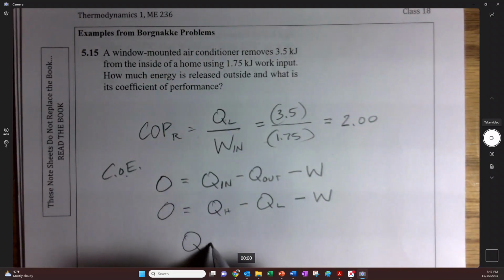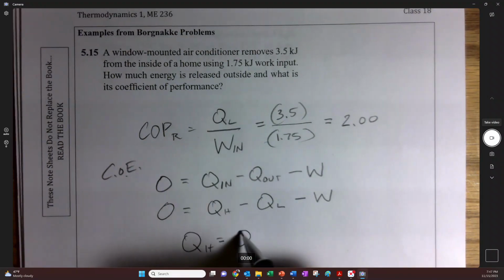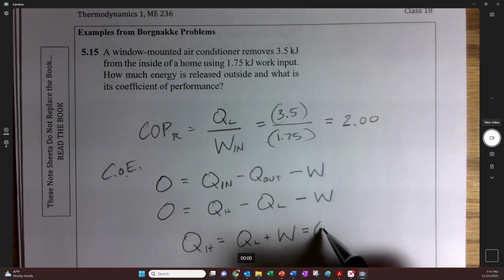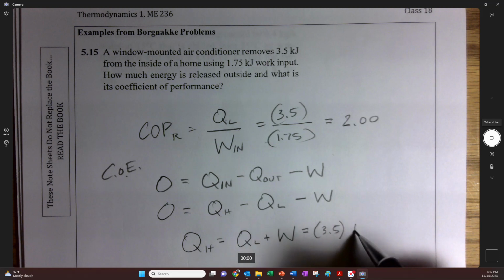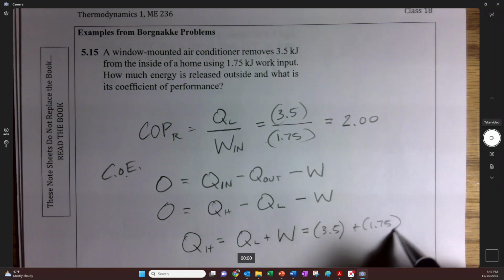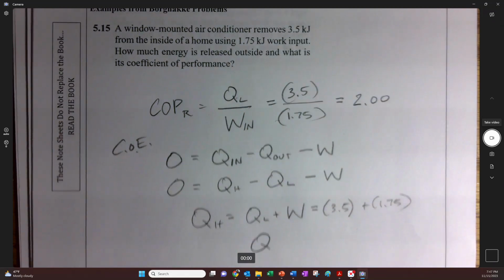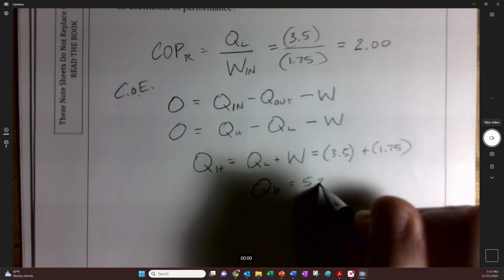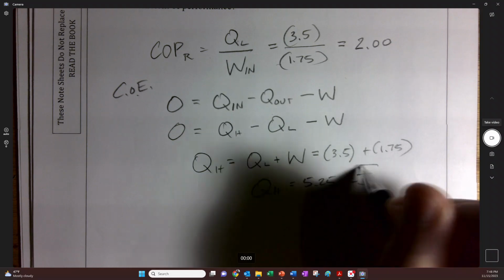That's going to be QH equal to QL plus W. And so just 3.5 plus 1.75, so QH is 5.25 kilojoules. Kind of a boring problem.